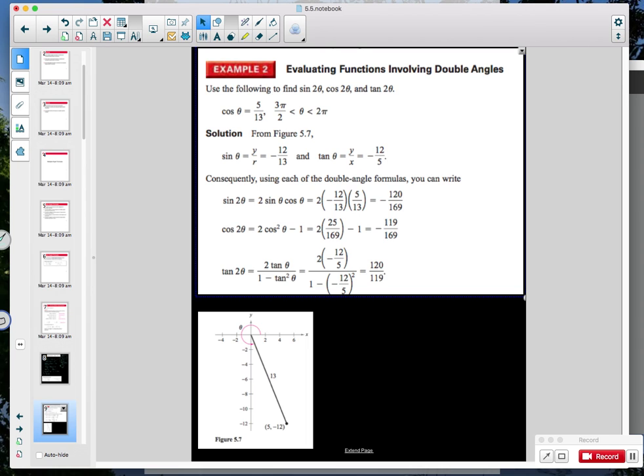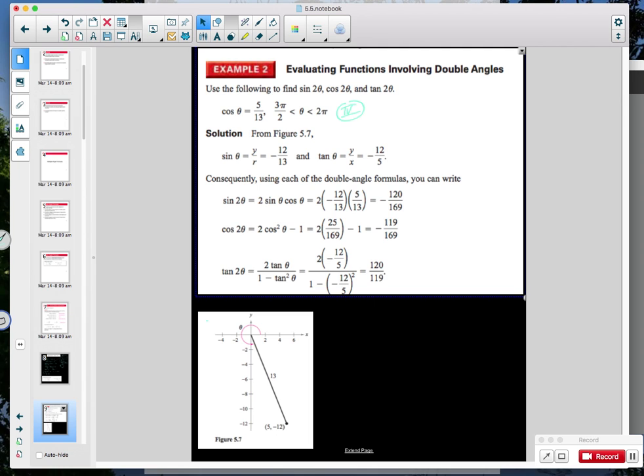Given that cosine of theta is 5 over 13, which is positive, but in quadrant 4, when they give you that theta is between 3 pi over 2 and 2 pi, we are in quadrant 4, and that's why you see this diagram. So cosine is adjacent over hypotenuse. Since I have 5 over 13, the adjacent is 5, the hypotenuse is 13.